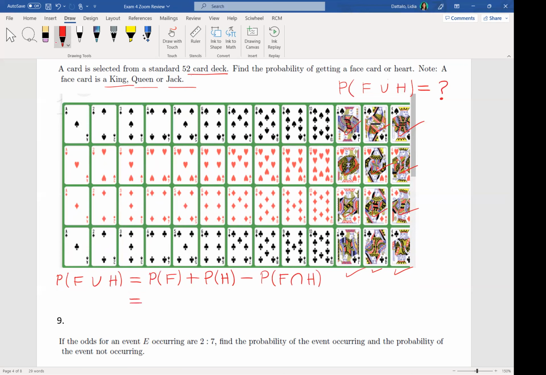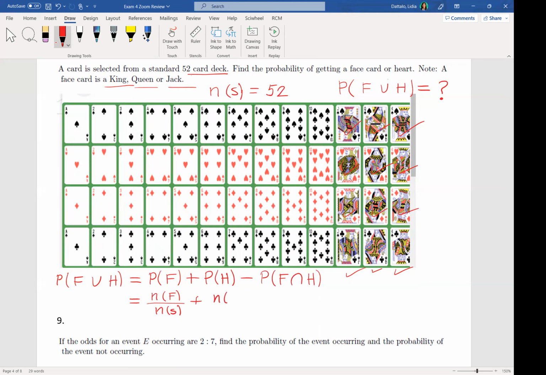So the probability of getting a face card is going to be the number of ways I can get a face card divided by the total space. And know that the total space is 52 because there are 52 cards.